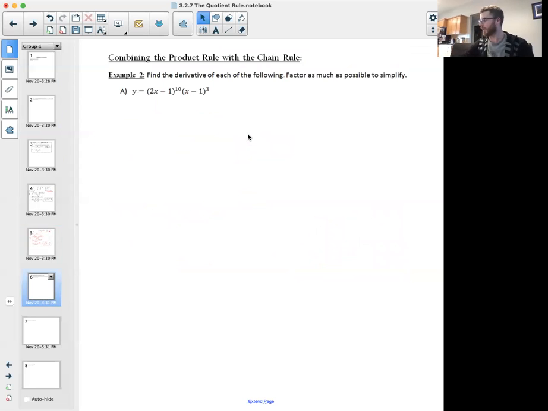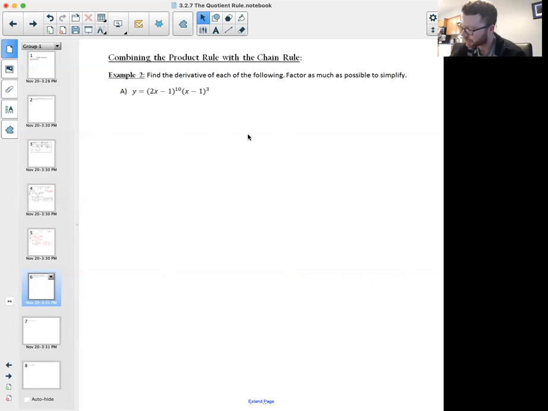So we can combine the product rule with the chain rule. Here we are going to leave the quotient rule behind for a second. So here's our function, y is equal to 2x minus 1 to the 10 multiplied by x minus 1 to the third.